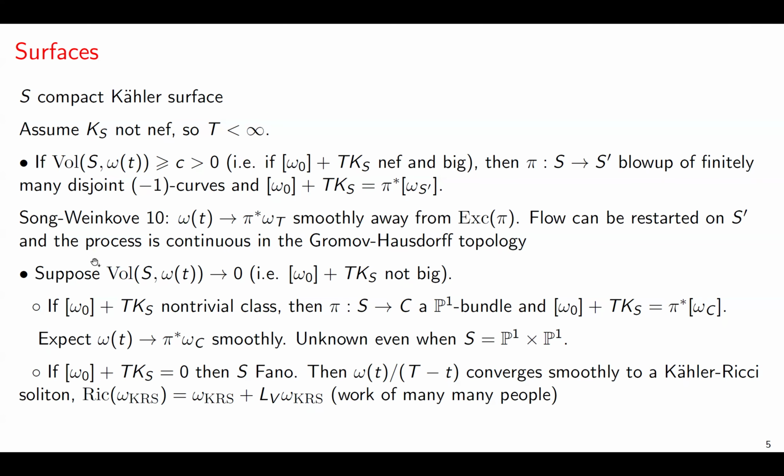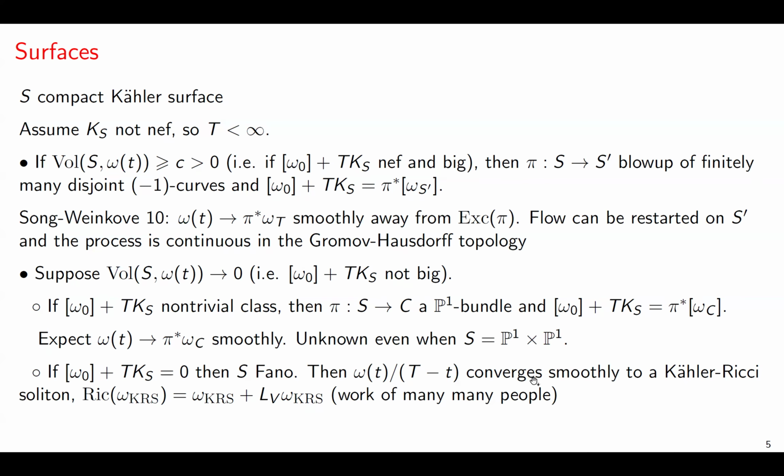And on the other hand, when the limiting class is the zero class completely, that means that certainly minus K_S was ample because it's a Kähler class. And so the surface has to be Fano. And also you can do the same rescaling as you did for P1.